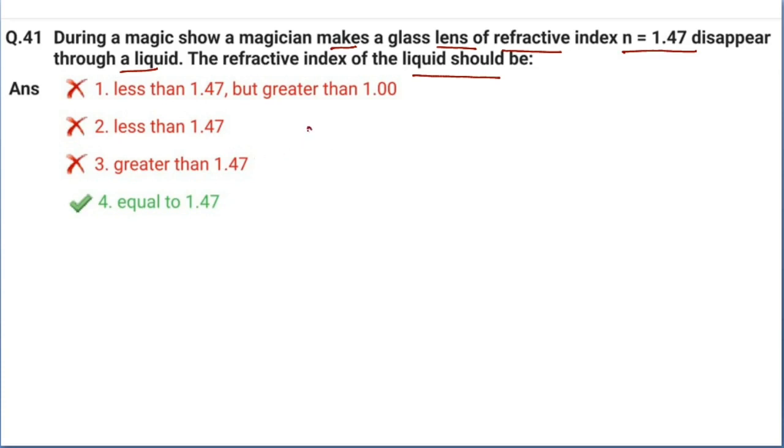Suppose this is our liquid and here a glass lens is inside the liquid and it disappears. The refractive index of the lens is 1.47.